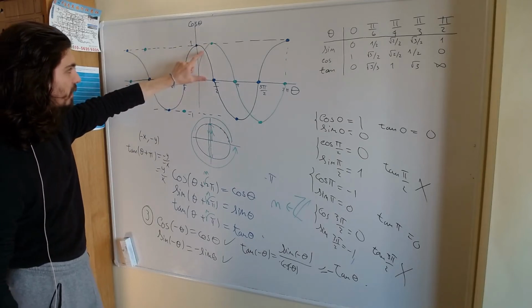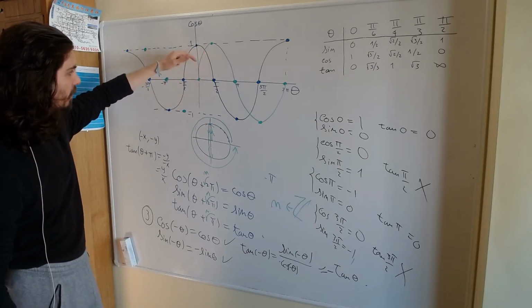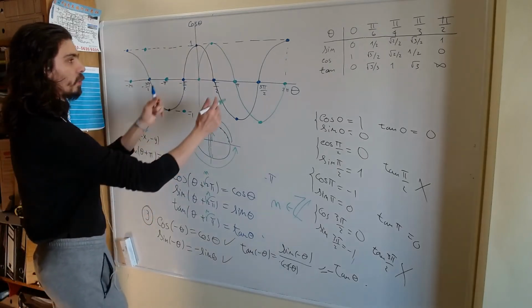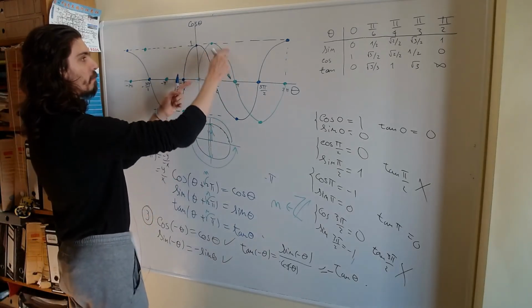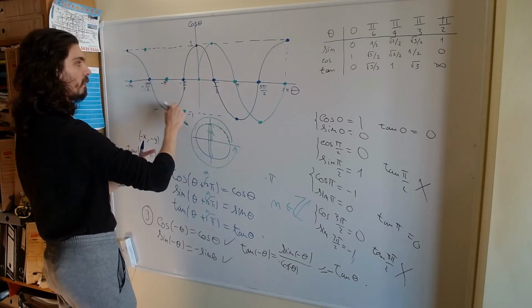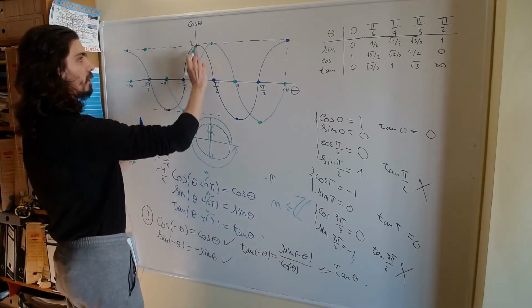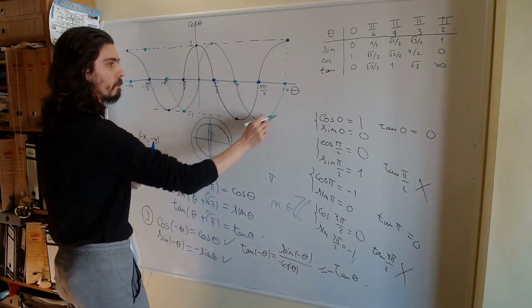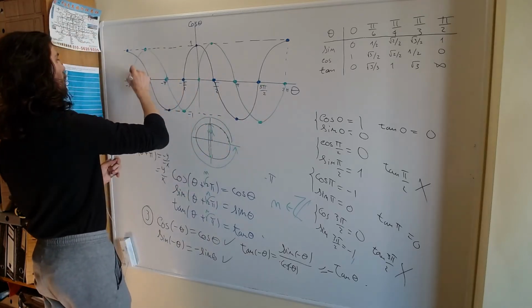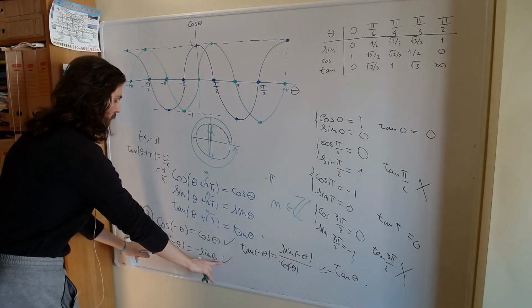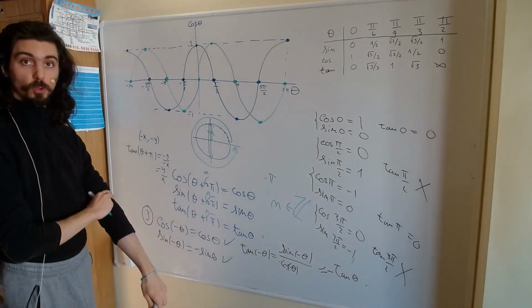So if you have this distance, for example, it goes like this. So this part becomes this part. You see? You make it negative, like so. This part becomes this part. This part now becomes this part. You see? All because this thing is true, okay?